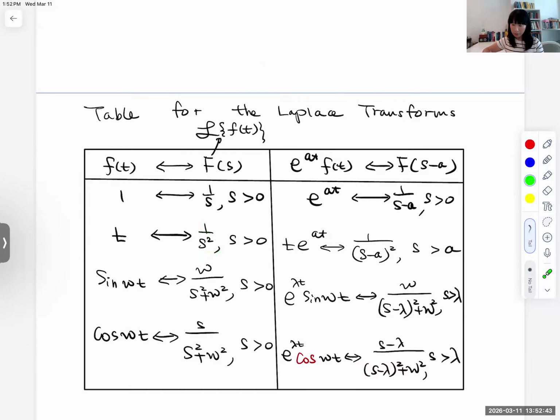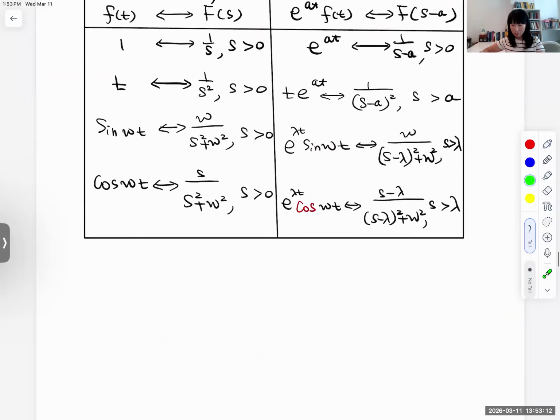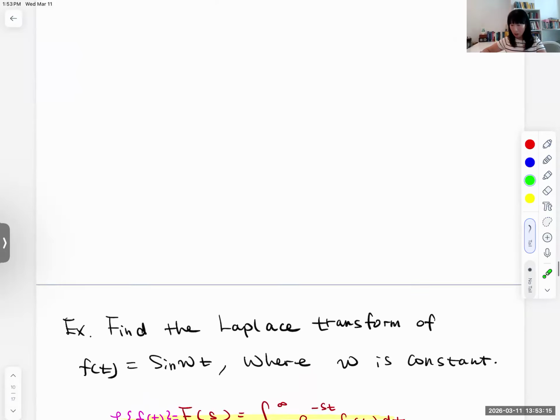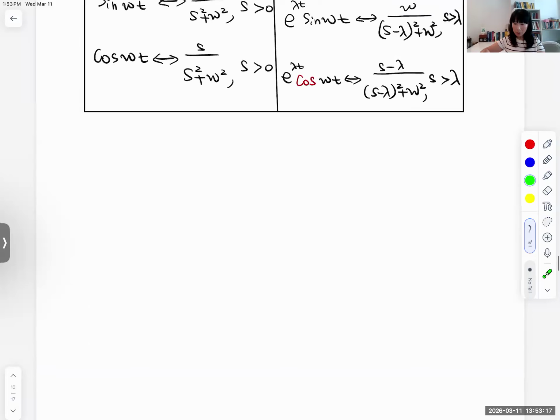And then we have e to the at, then we get 1 over s minus a, and we have t times e to the at, then we have this one, yeah? And then we have sine omega t, cosine omega t, and the exponential function with a sine and the exponential function with a cosine, all right? We have more, I think. Oh, we don't have. Okay. So you guys okay with this?